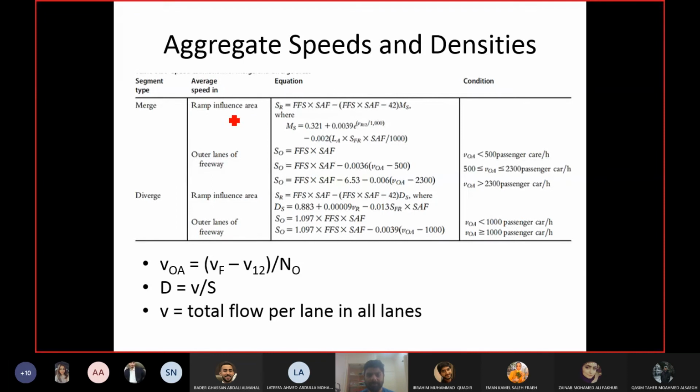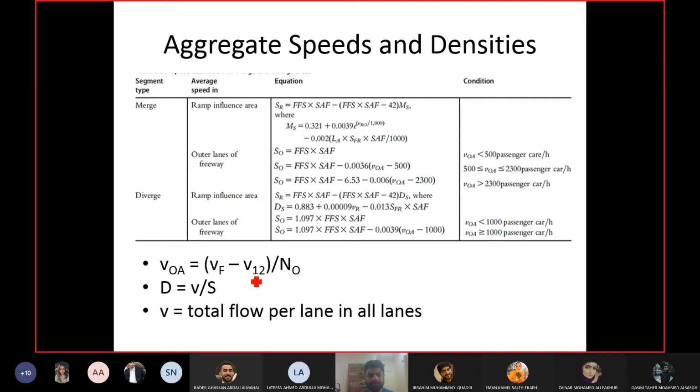Ramp influence area means the two adjacent lanes, and then we have the speed for the outer lanes. VOA means the average flow rate in the outer lanes. So this is how you calculate the VOA.